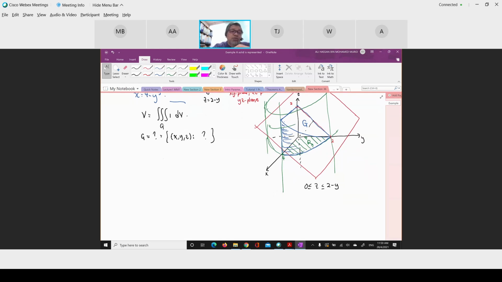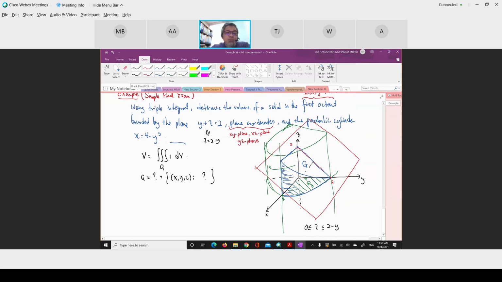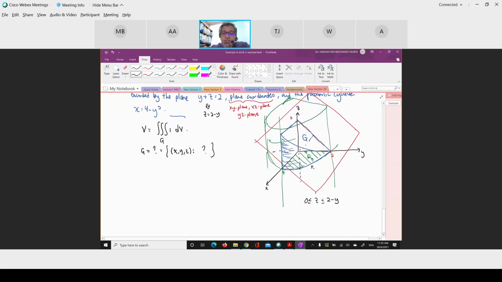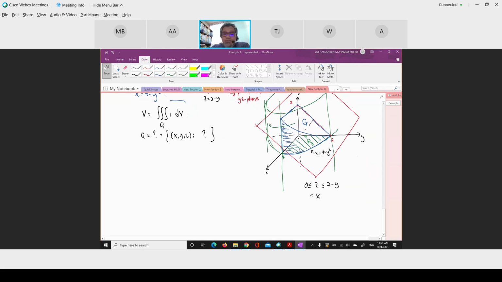What are the bounds for R? The equation is x equals 4 minus y squared. So x is greater than 0 and less than 4 minus y squared.